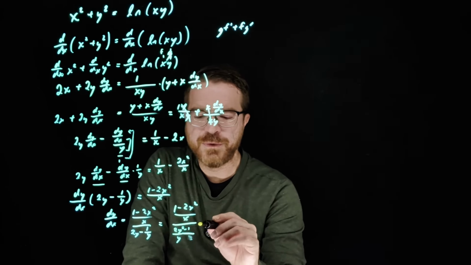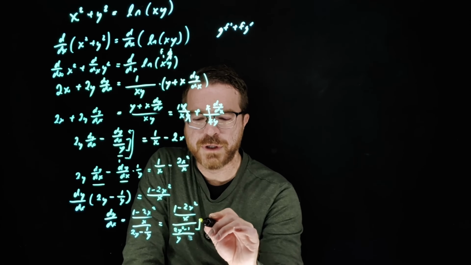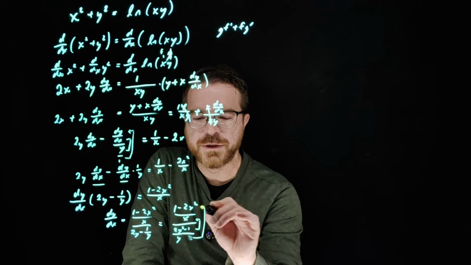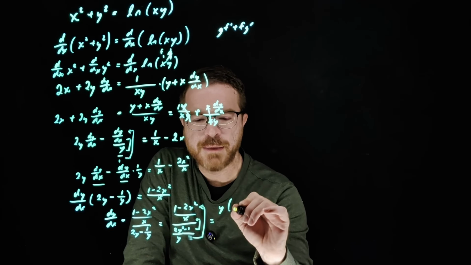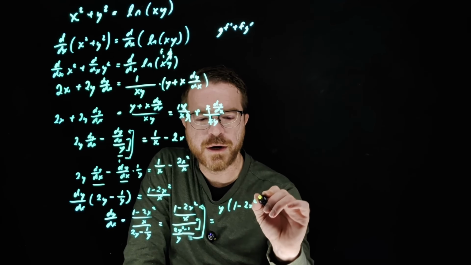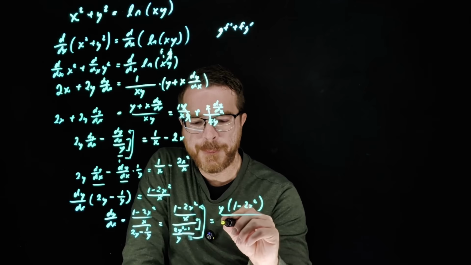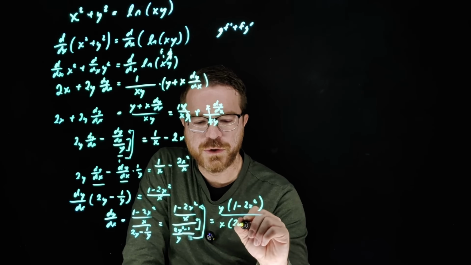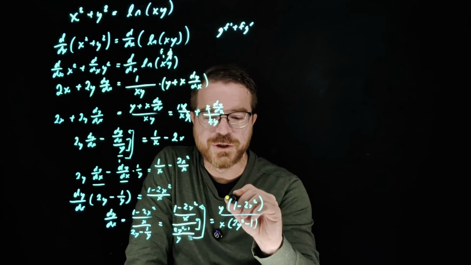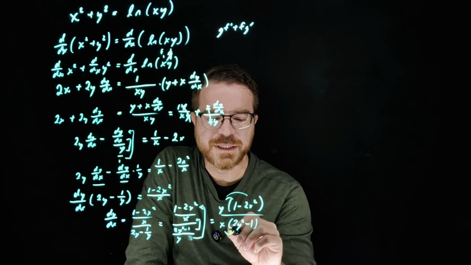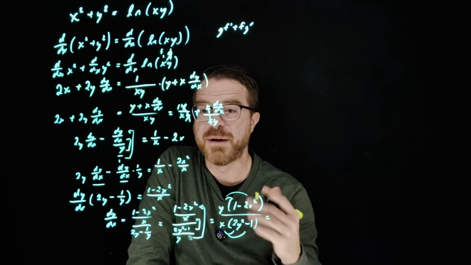And then the last thing I'm going to do is fractional division. Bring this term over here, bring this term up to here, and this is going to become y times 1 minus 2x squared over x times 2y squared minus 1. And the last thing I'm going to do is distribute this y and distribute this x, and this should be my final answer.